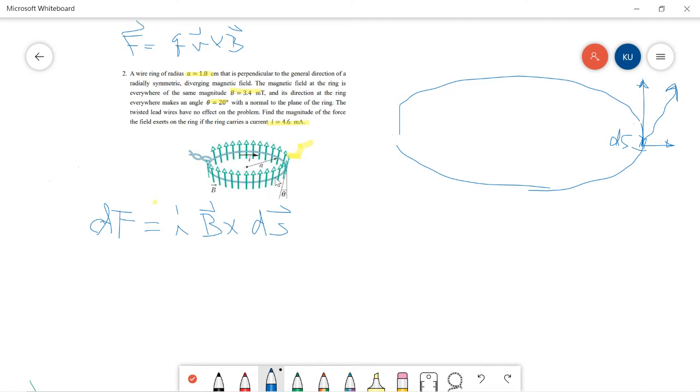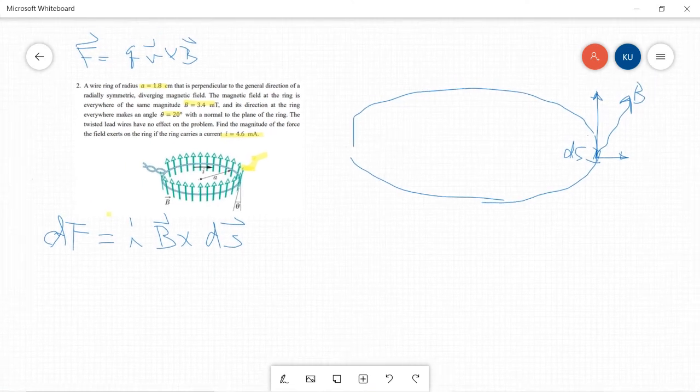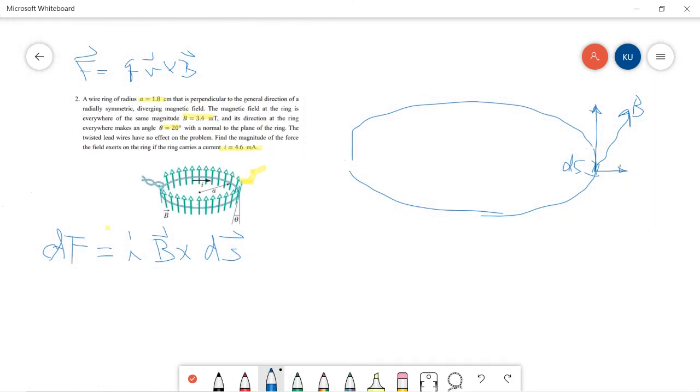So in this case, B points to this direction, and ds, something like this.